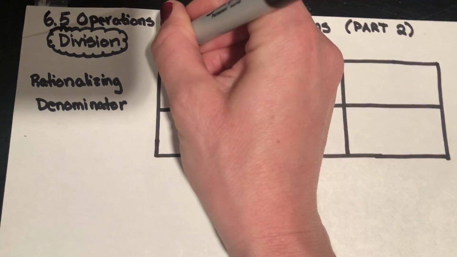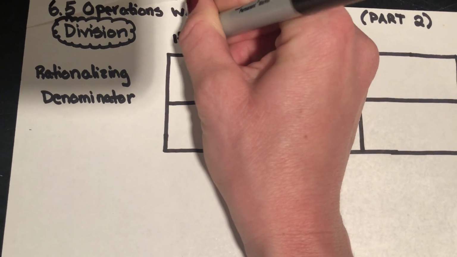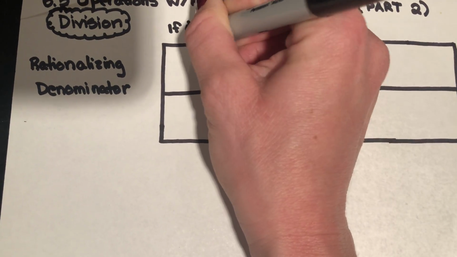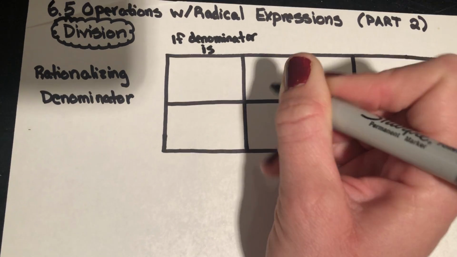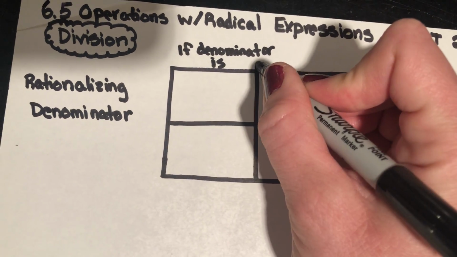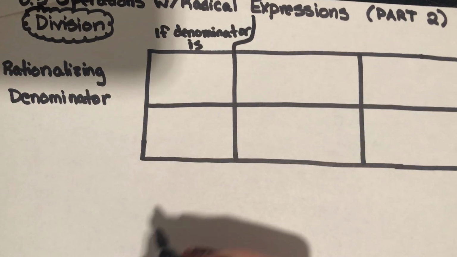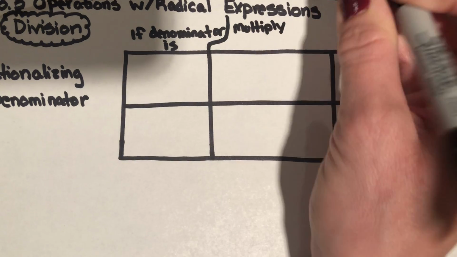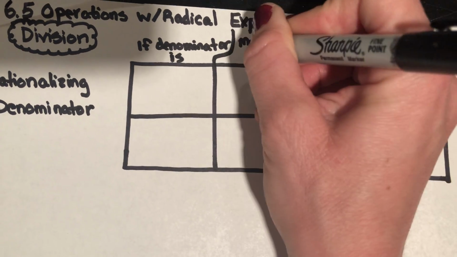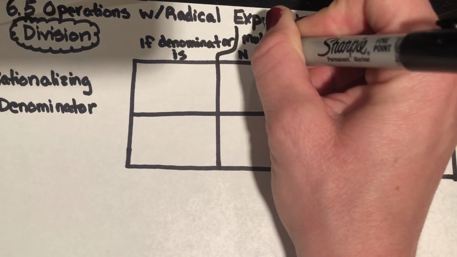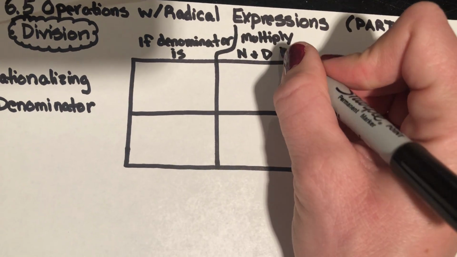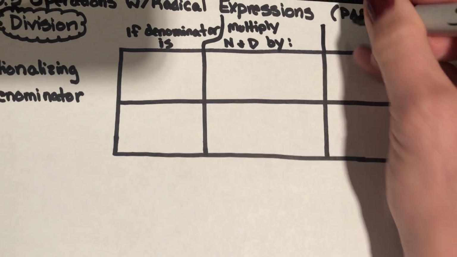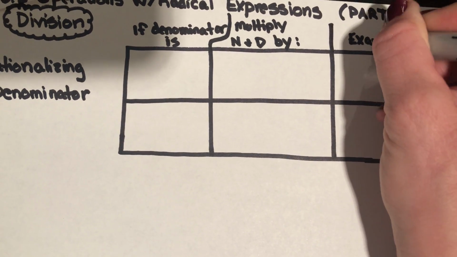I'd like you to title these columns, if denominator is, and then you're going to have another column, multiply numerator and denominator by, and then examples.